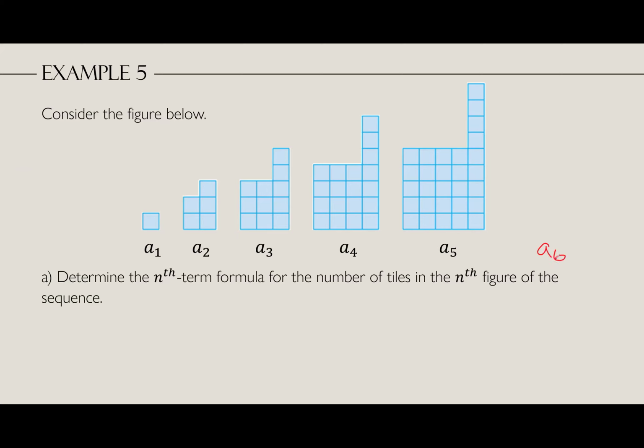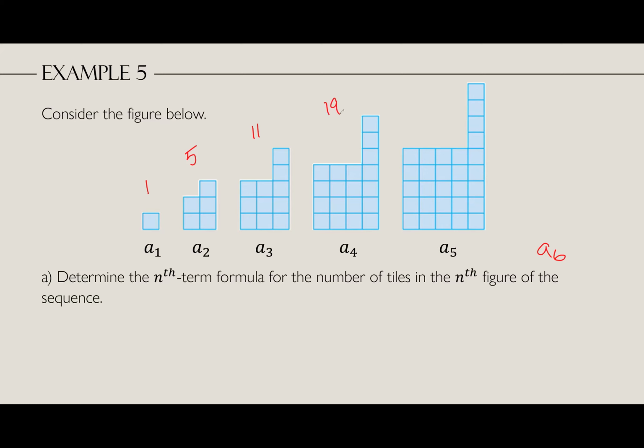Well, first thing I'm noticing is my picture is definitely getting larger as I proceed through here. I'm getting more tiles. In A1, I only had 1 tile. In A2, I had, let's see, 1, 2, 3, 4, 5 tiles. A3, I've got 9 plus 2, 11 tiles. A4, it looks like I've got 19 tiles.